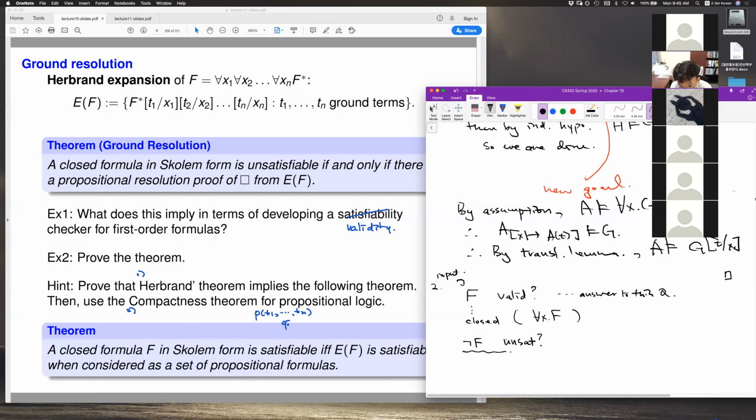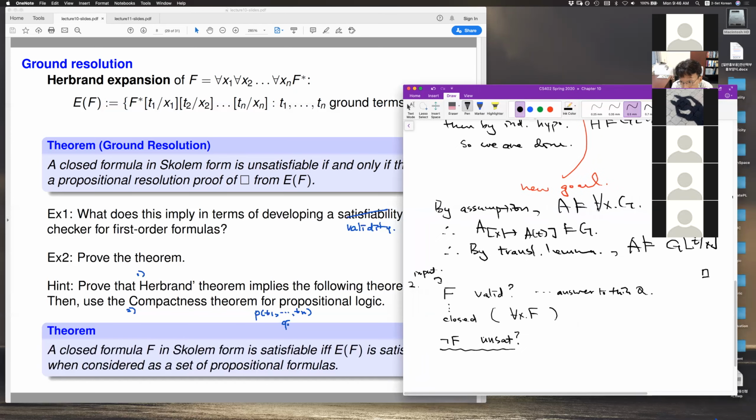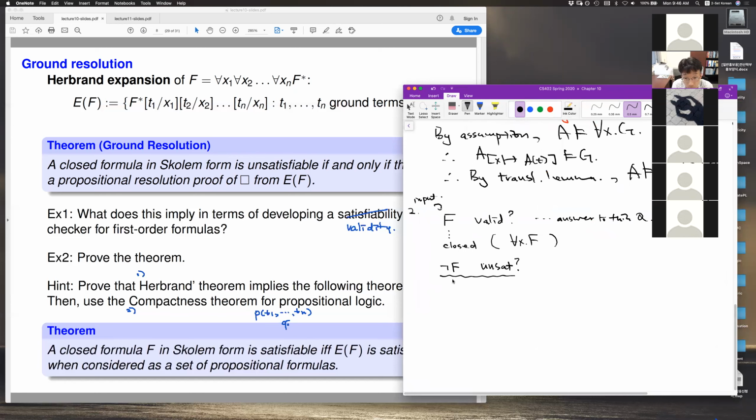Now, to check whether this negation of f is unsatisfiable, what we do is we first transform negation of f to Skolem form, Skolemize. That will give a formula G. What I mean by Skolemization involves transforming negation of f into a rectified prenex formula and then applying Skolemization.